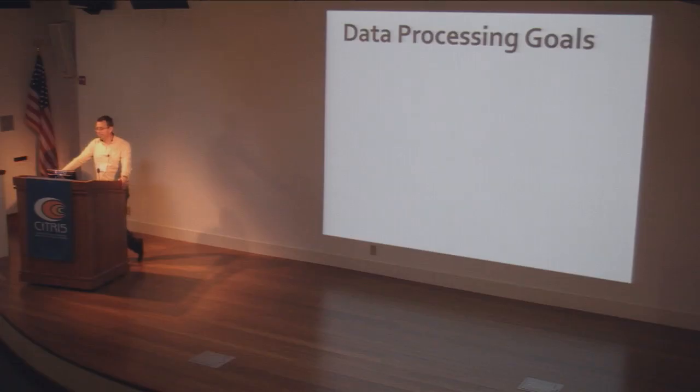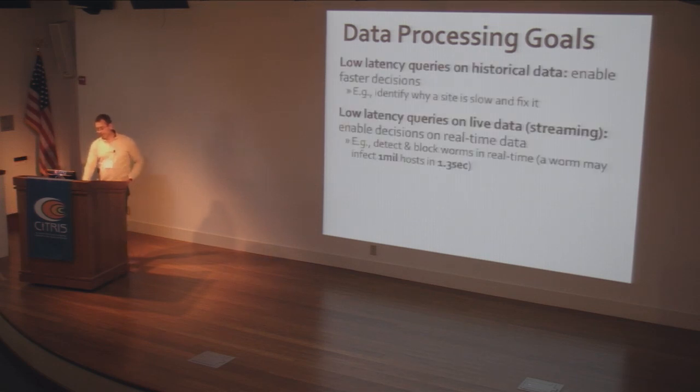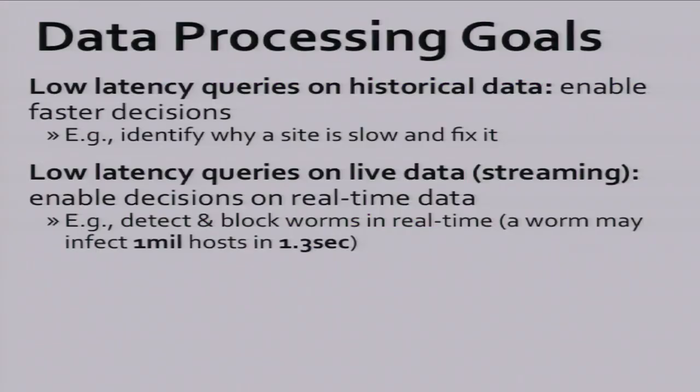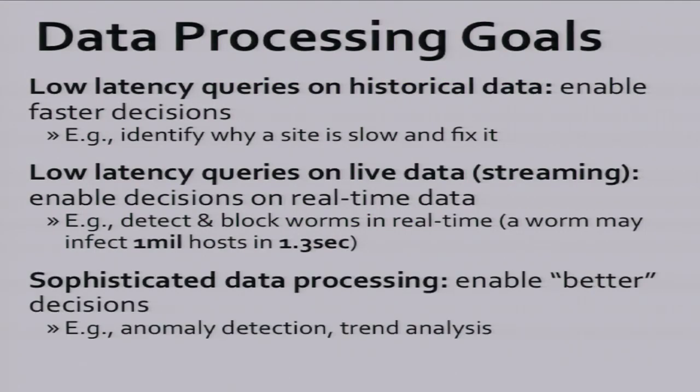We want the ability to perform queries on live data, since decisions on real-time data are better than on stale data. And finally, we want the ability to perform sophisticated processing on large volumes of data, since the more data we process, at least intuitively, the better decision we should be able to make.